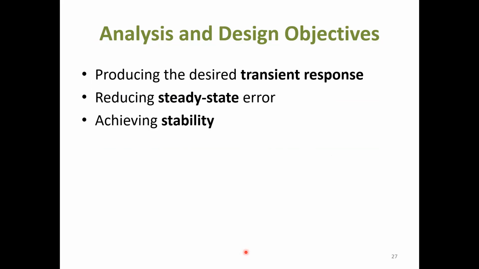Next, we are moving on from the classifications because the classification parts are already done. Let's move on to the new topic: analysis and design objectives. If you want to design a control system, what would be your design objectives?